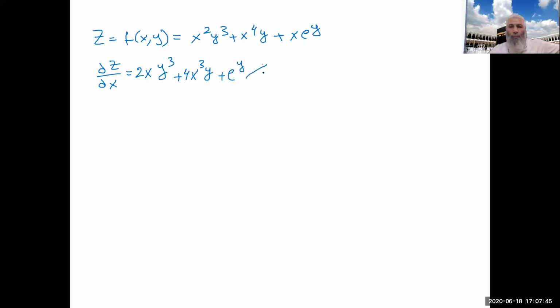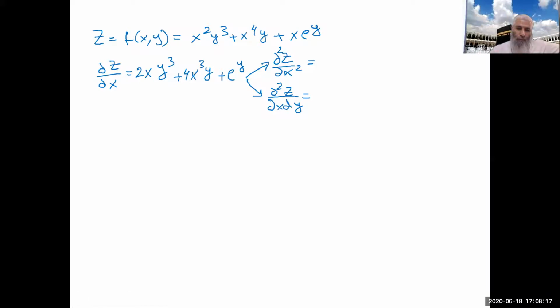So now we have two ways here: d2z dx squared and d2z dx dy. Ustaz, the first which you wrote, d squared z over dx squared, is the second derivative with respect to x, right? Yes. And what about the second one?